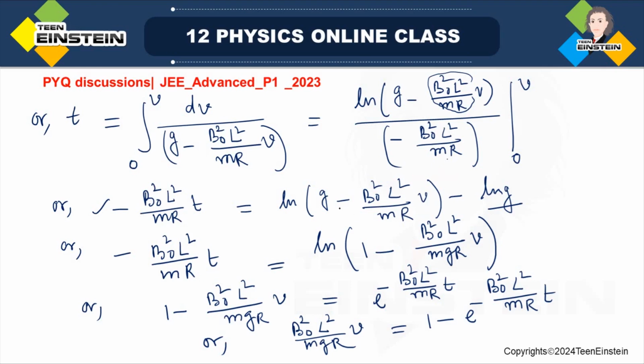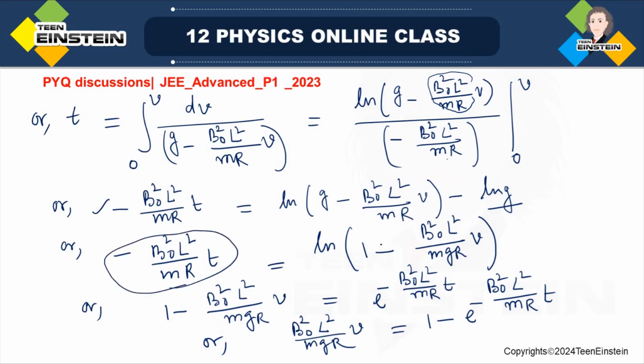If you simplify a little bit, here I just divide by g, because minus ln means you can just divide. So 1 minus B naught square L square by mgR into v. This is the term now, and in the left hand side you will get this one.